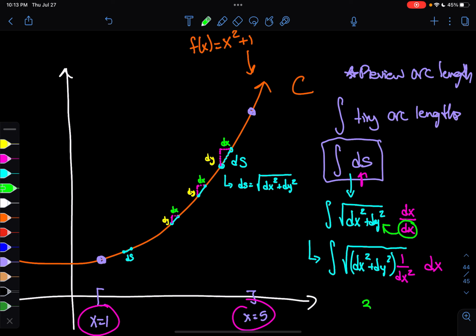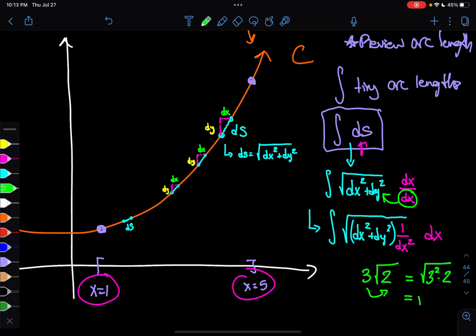For instance, if I had 3 times the square root of 2, and I wanted to put the 3 back inside of the square root, it would become the square root of 3 squared times 2, or that's better known as the square root of 9 times 2, or the square root of 18, right? So if we want to go backwards and put stuff inside of a square root, we can use this very tricky technique. Now, why is that super cool?